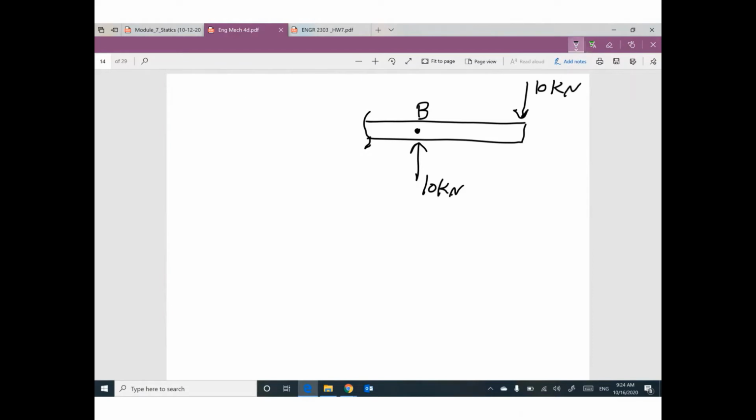And at this location of cut, which is point C, we have normal. We have shear. I'm sorry, this shear should be up, not down. And we have moment, MC. Any question so far?